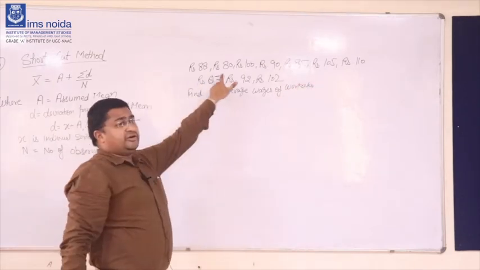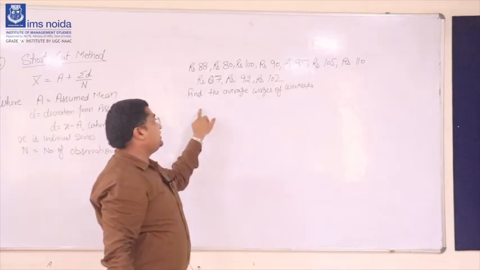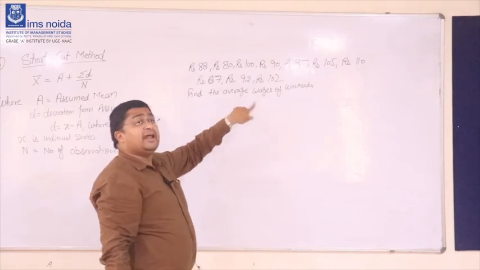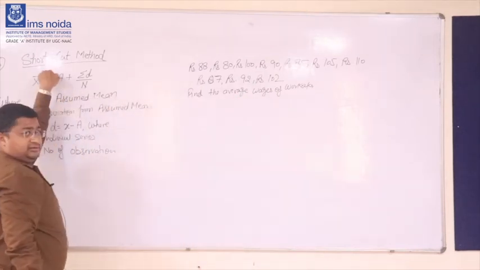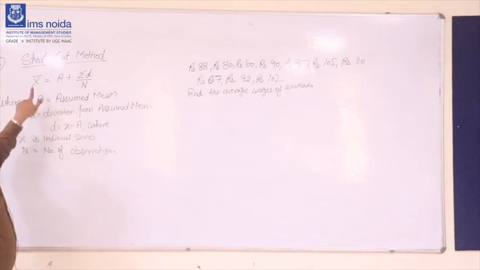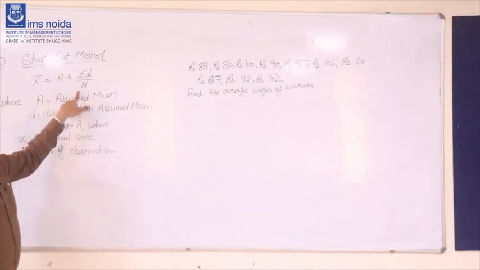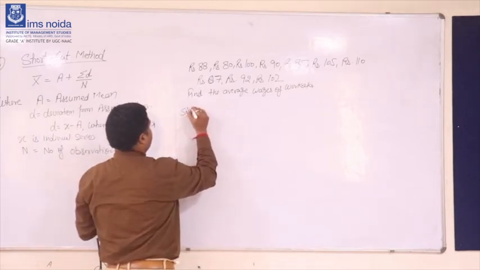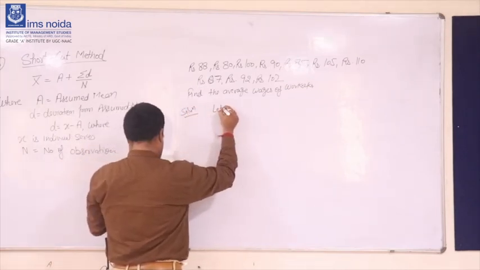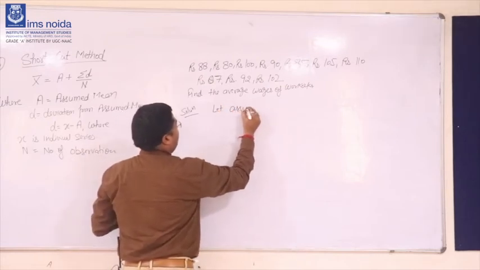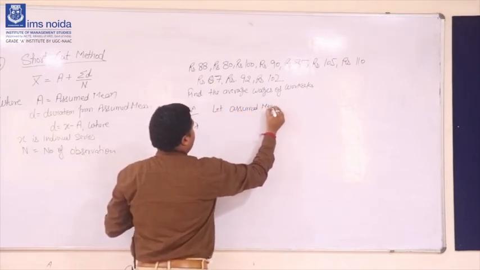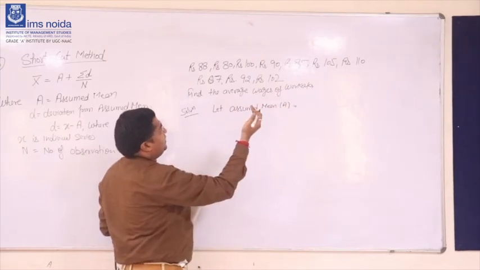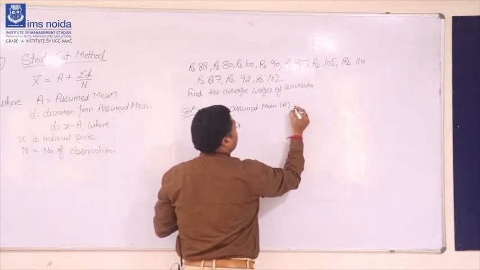This is an individual series, and we find the average wages. Average wages means arithmetic mean, and we will apply the shortcut method. The shortcut method formula is X bar equal to A plus summation D upon N. So first of all, let the assumed mean A be equal to, randomly you select, we take 92 in this question.